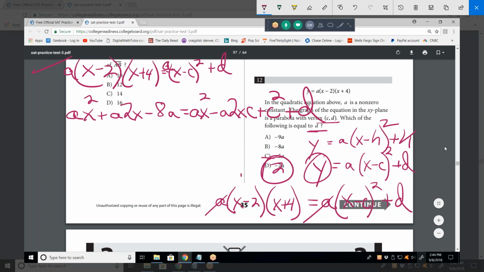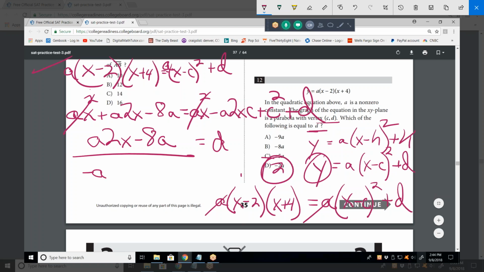Now, I can definitely do this, and I get d equals a times 2x minus 8a, divided by negative a times 2xc plus c squared.